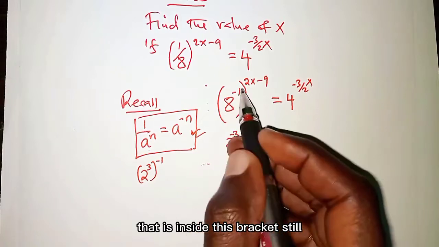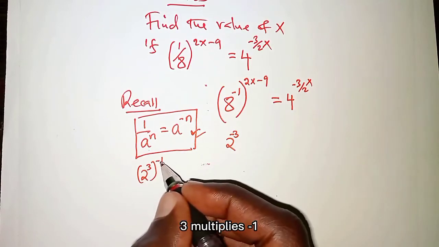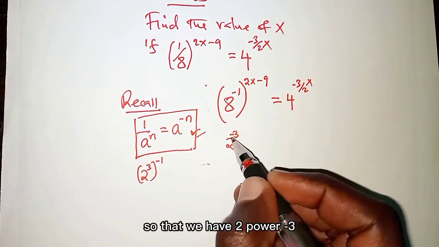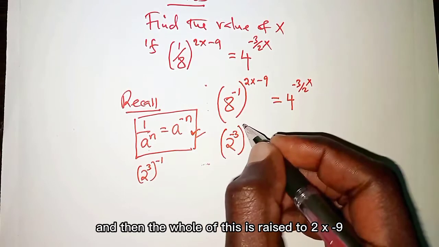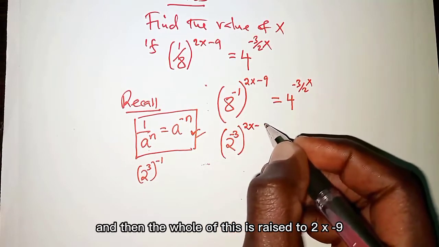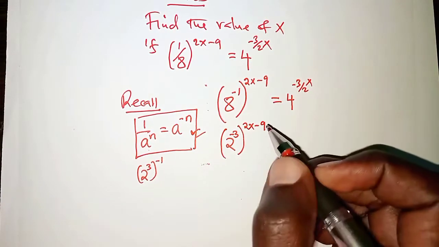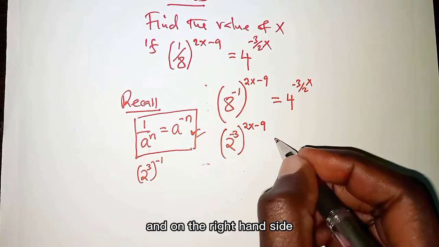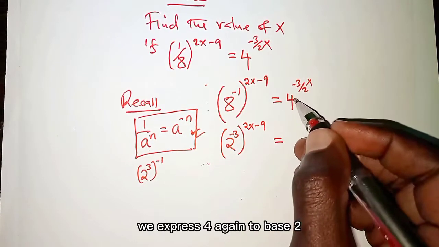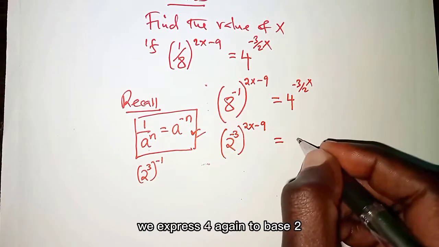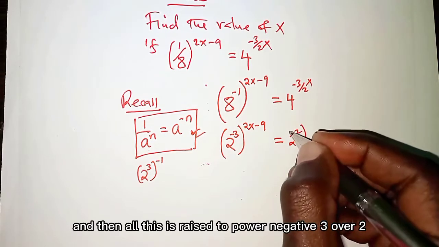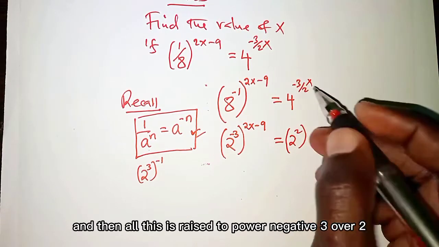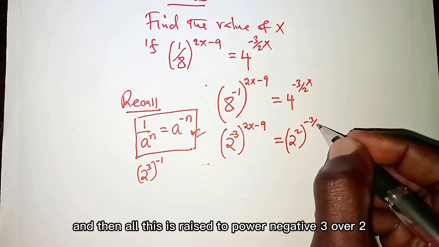That is inside this bracket still. So 3 multiplies negative 1, so that we have 2 power negative 3. And then the whole of this is raised to 2x minus 9. And on the right hand side we express 4 again to base 2, so that we have 2 squared, and then all this is raised to power negative 3 over 2.